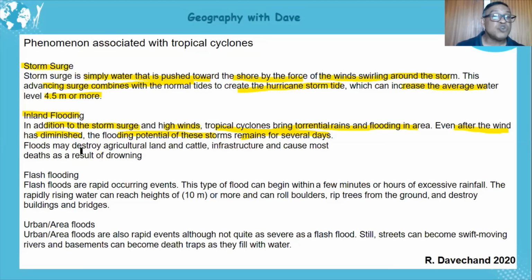Floods may destroy agricultural land, cattle, infrastructure, and cause most deaths, drowning. You understand? So whether it's infrastructure, road networks, houses, all these things are damaged.